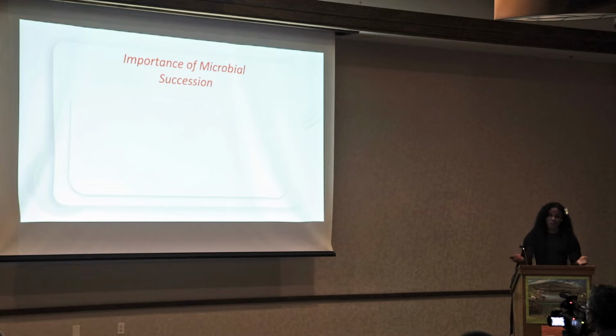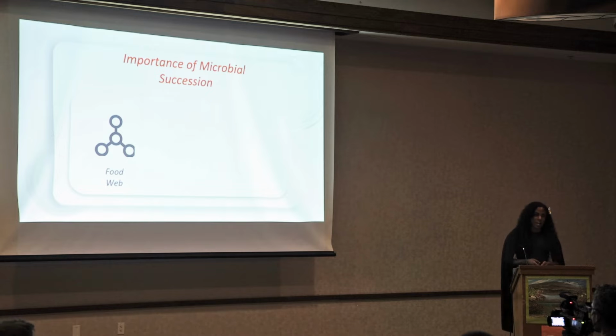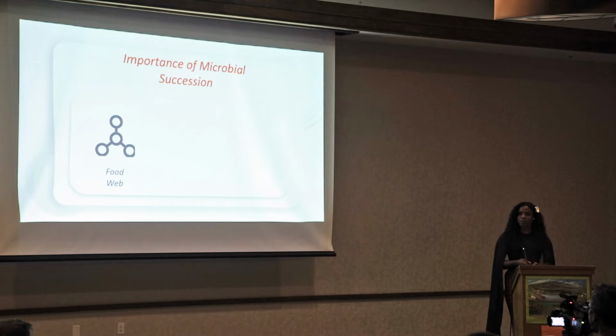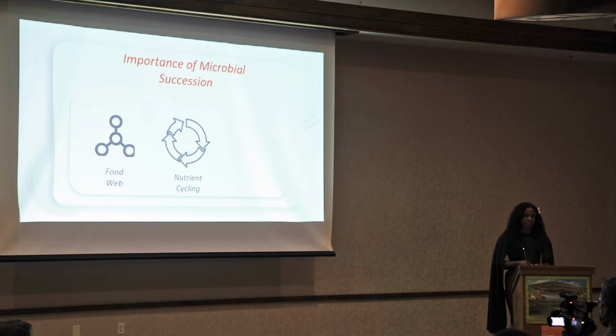So why does this matter? Why are we interested in microbial succession in the first place? For one, as some of the talks before me talked about, these microbes are actually critical for the food web in these alkaline pool systems, as well as nutrient cycling. Things like the nitrogen cycle and the carbon cycle, which happen at the global scale, also happen at a local scale within these new environments.